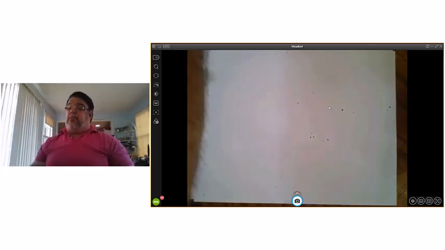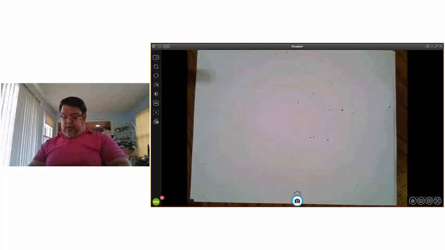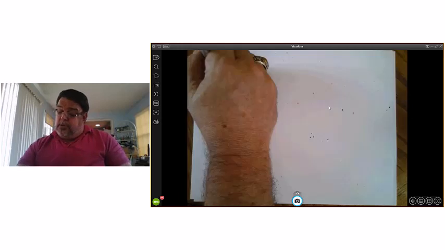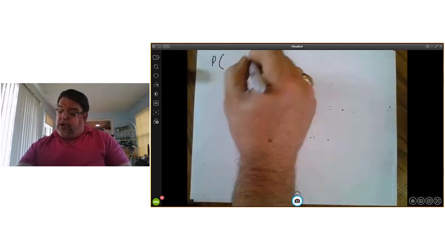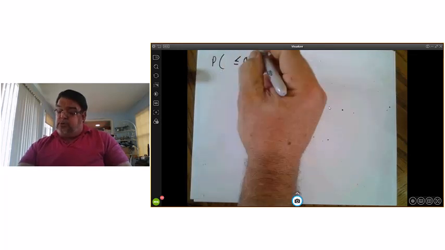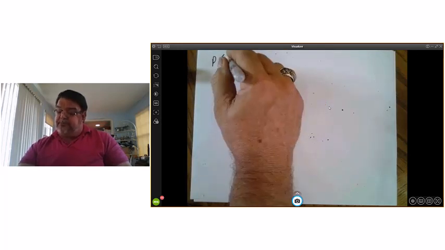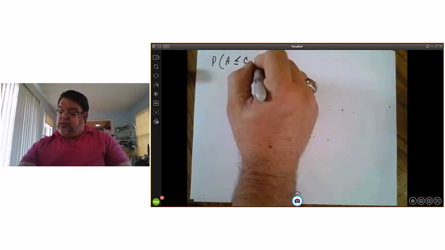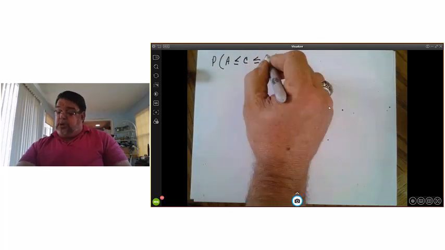What about the probability of picking a card greater than or equal to an ace, less than or equal to a 10?